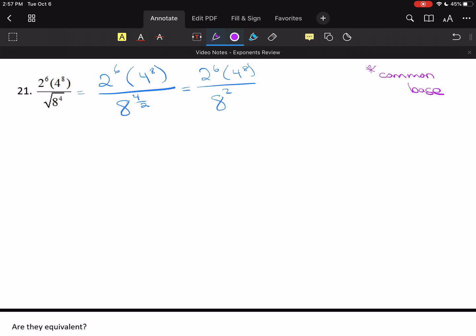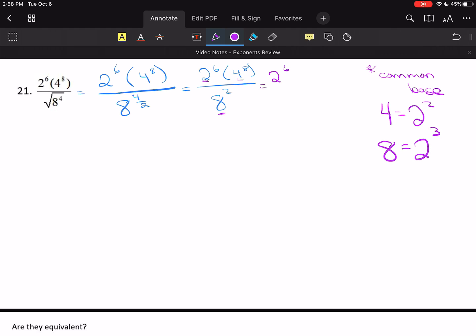So if I look at my numbers, I have 2, 4, and 8. Well, those are all multiples of 2, right? So changing everything to base 2, the 2 to the 6 is already base 2. 4 is really 2 squared, and 8 is really 2 to the 3rd.